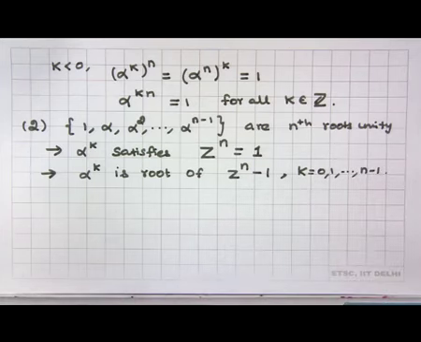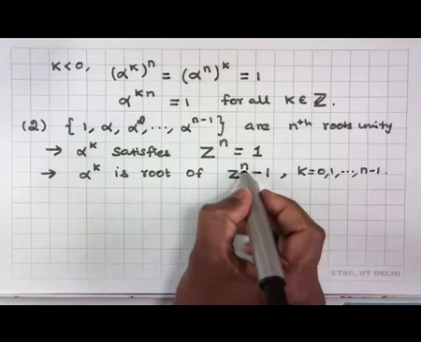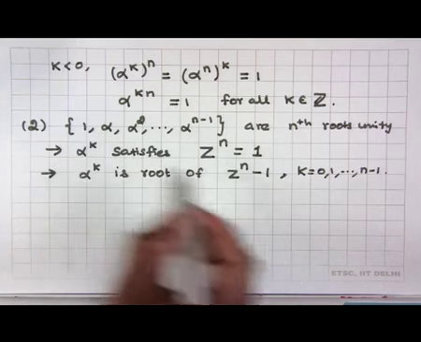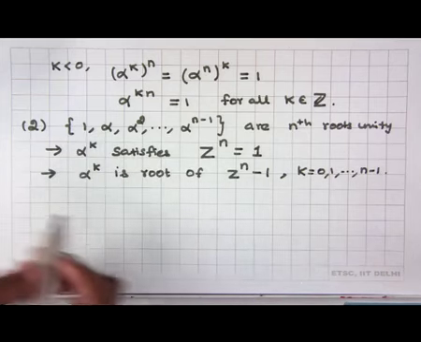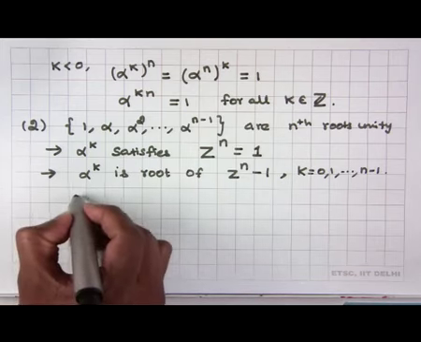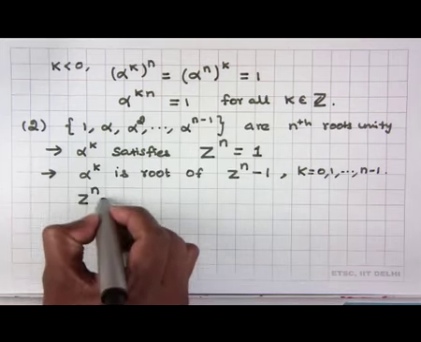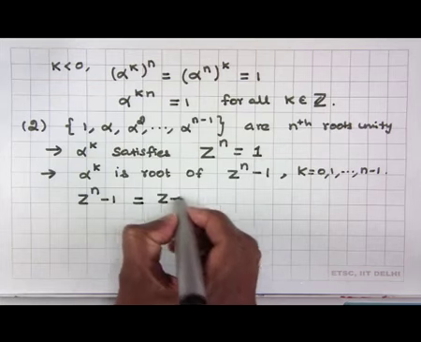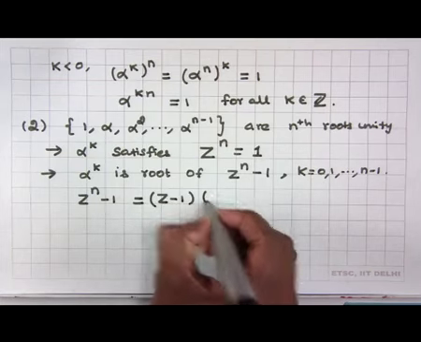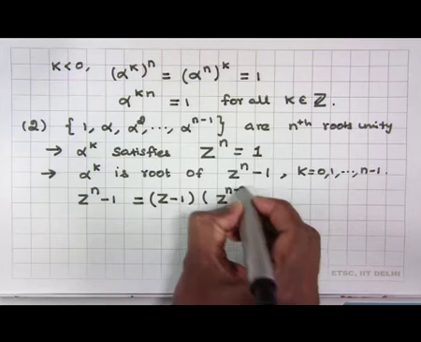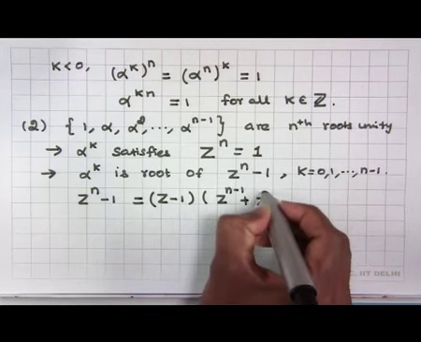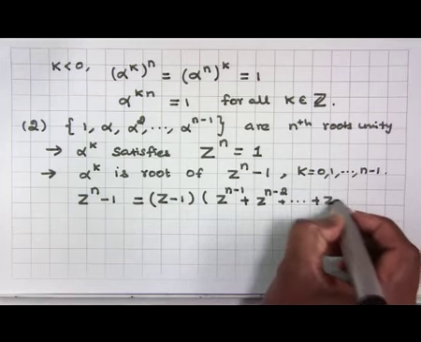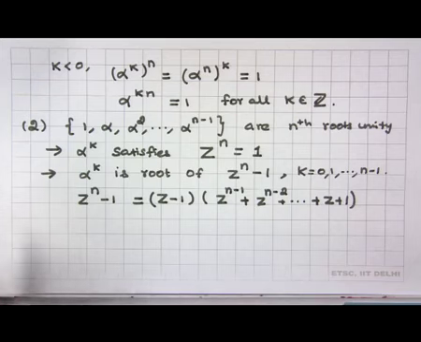What we know is for any given n, 1 is always a root for this polynomial, which can be easily seen. Consider z to the power n minus 1. This can be factorized as z minus 1 product with z to the power n minus 1 plus z to the power n minus 2 and so on.